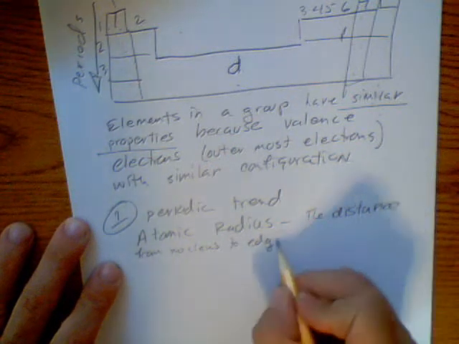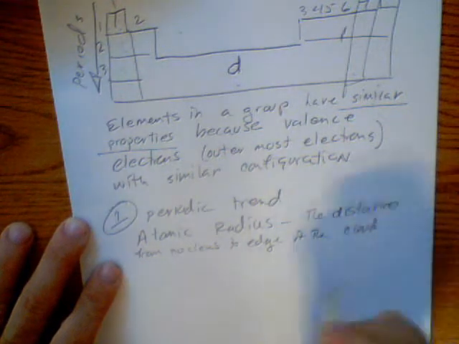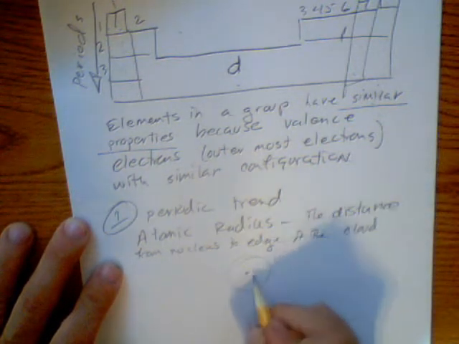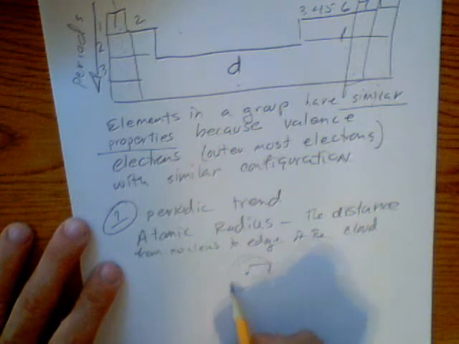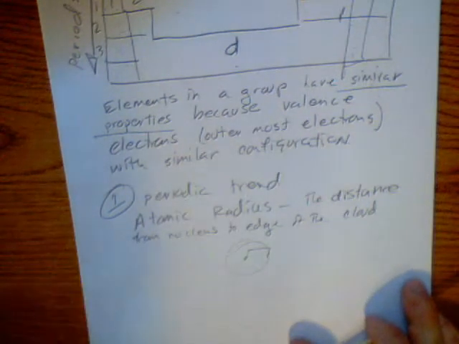From nucleus to the edge of the electron cloud. Alright, so here's the best configuration I can show you. Most of the element is electron cloud, so that would be the atomic radii.